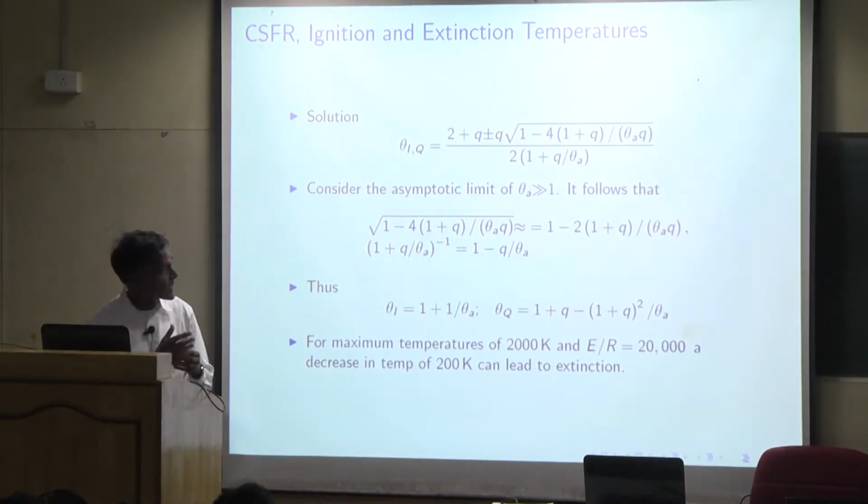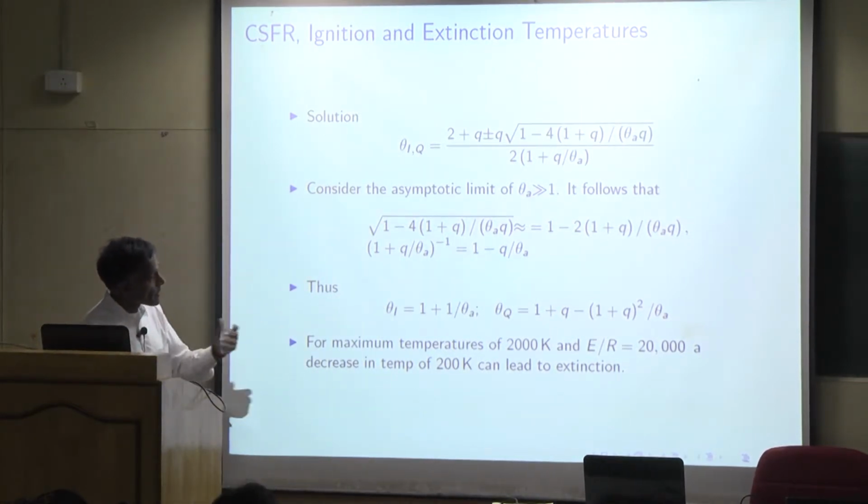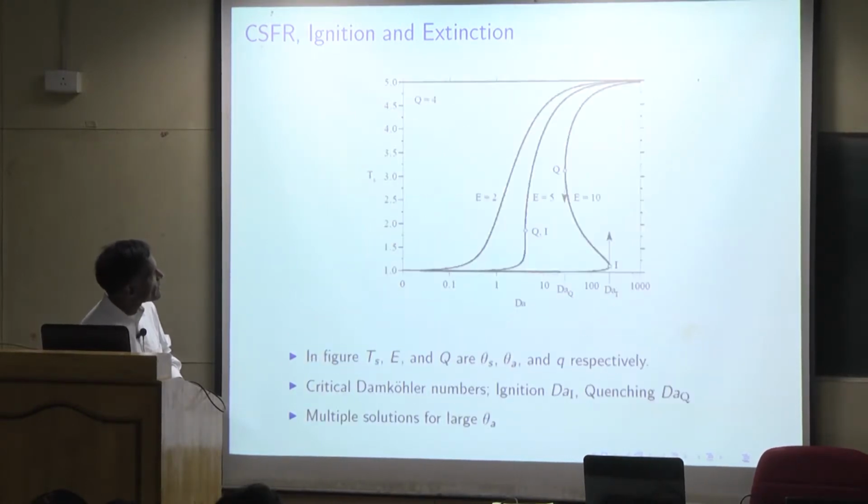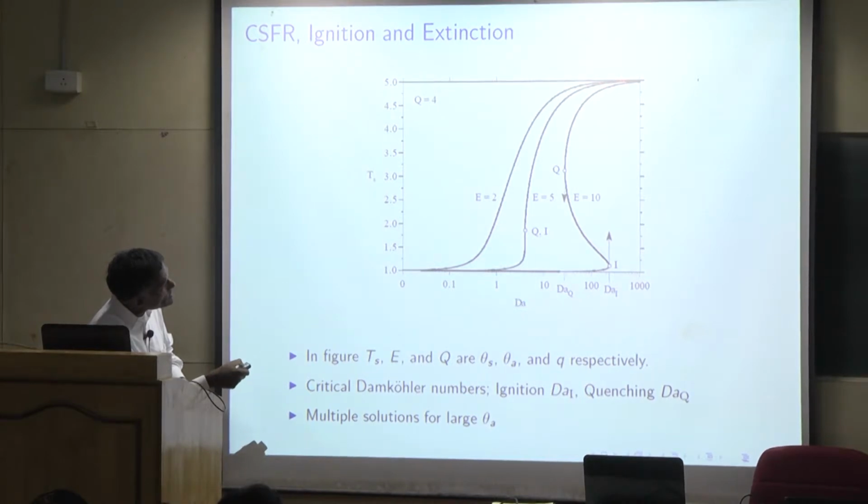The point here is that the Damkohler number, which is defined with this quantity, is large for this integral curve, as well as this curve. They have a solution for a large Damkohler number. But it turns out only the one which has a large activation energy exhibits this quenching, ignition, and extinction phenomenon.